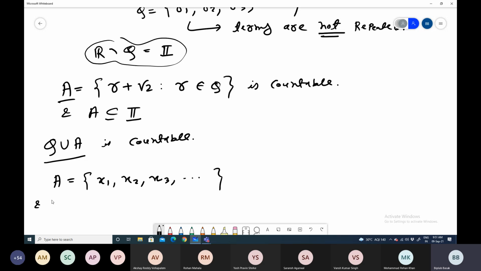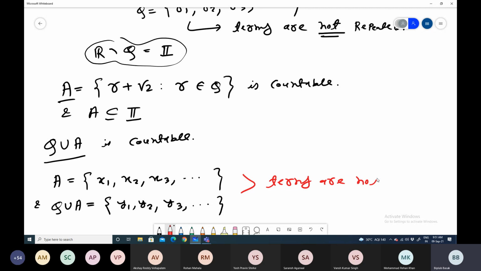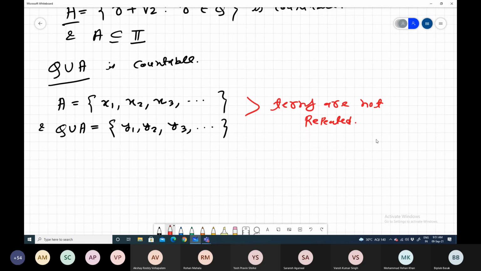And say Q union A is y1, y2, y3, and so on. Remember that the terms are not repeated.